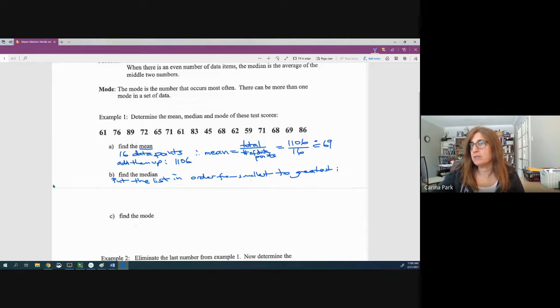The way you do it is you scan very carefully for the smallest number. I see the smallest number is 45, and I cross it out so that I know I've used it. The next smallest, so look very carefully here, is 59, and cross it out. Then just keep doing that. Find the next one and the next one, and cross them out so that you know you haven't missed anything.